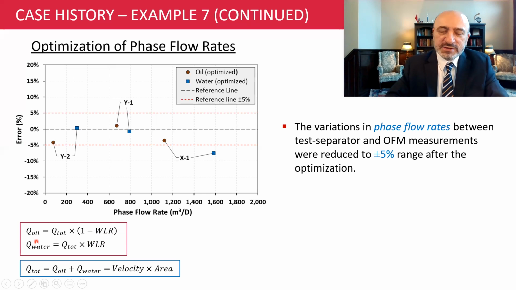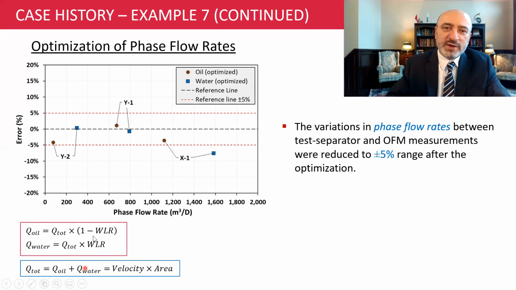Because phase flow rates, if you look at this definition, also has this second term, the total flow rate, and the total flow rate has this velocity term, which is a measurement with some uncertainty. So it is normal to expect a larger error percentage for phase flow rates because we have two different terms.